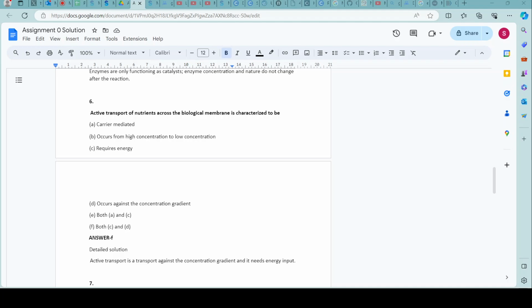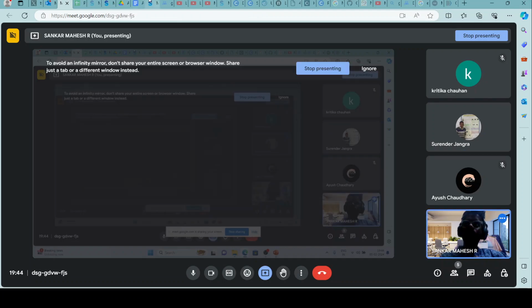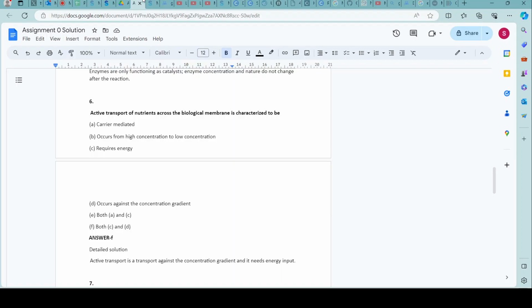Actually, facilitated diffusion is always down the concentration gradient, and it requires some carrier. Active transport is against the concentration gradient, but it also requires a carrier. So, in my opinion, A should be considered a correct answer, because without a carrier, active transport is not possible.